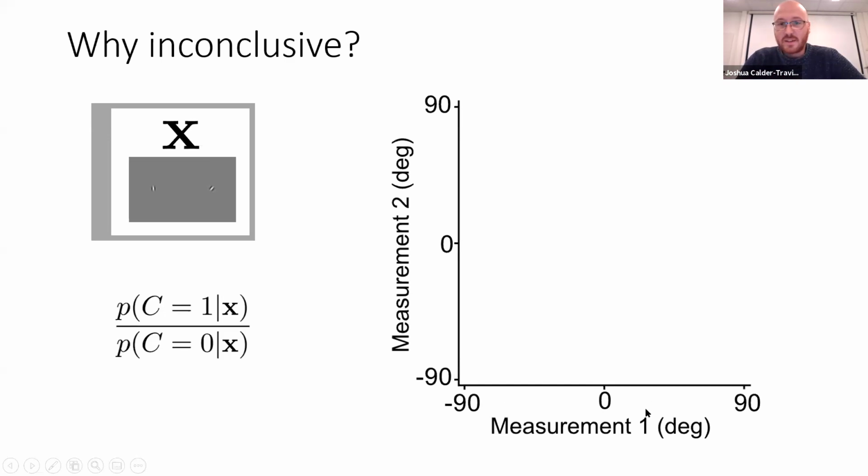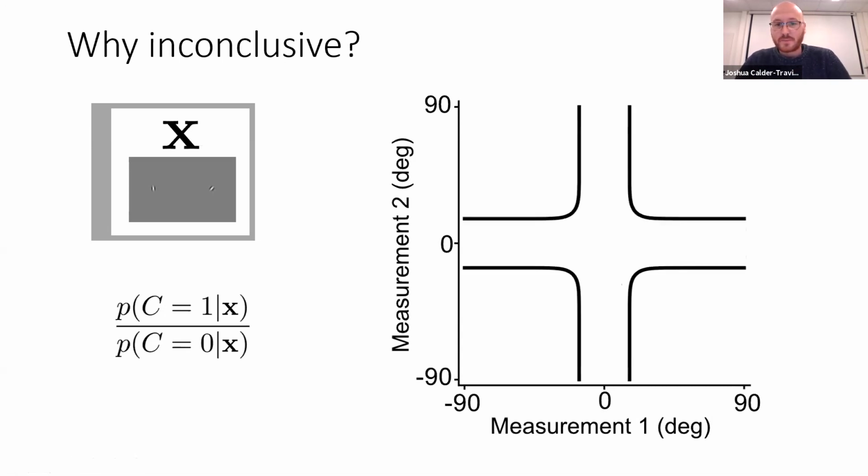So on the x-axis is the observer's noisy measurement of the orientation of item 1. And on the y-axis is the observer's noisy measurement of the orientation of item 2. And for convenience here, we're plotting in degrees relative to the target orientation. So 0 degrees represents the orientation that the target has. And we can then ask for which pairs of noisy measurements the Bayesian observer would report target present, and for which pairs of noisy measurements would the Bayesian observer report target absent.